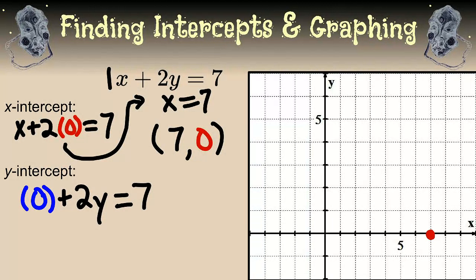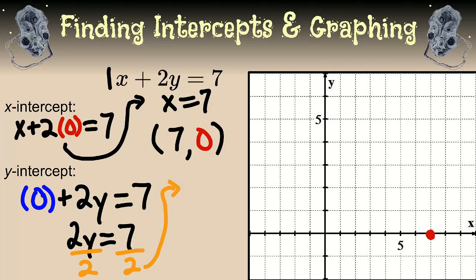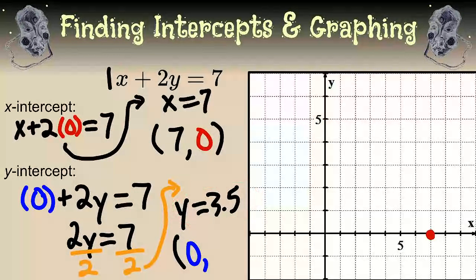So we have 2y equals 7. To solve that, we're going to divide by 2, and we'll get y is equal to 3.5. So that tells us that when x is 0, y must be 3.5.